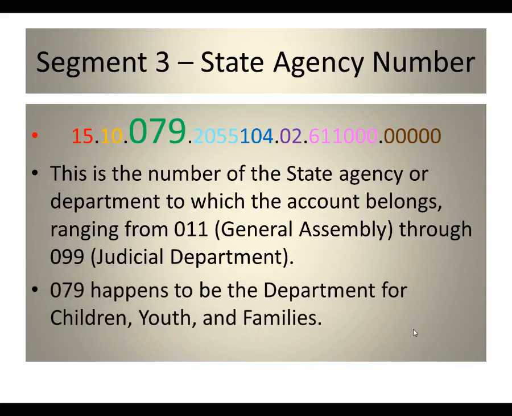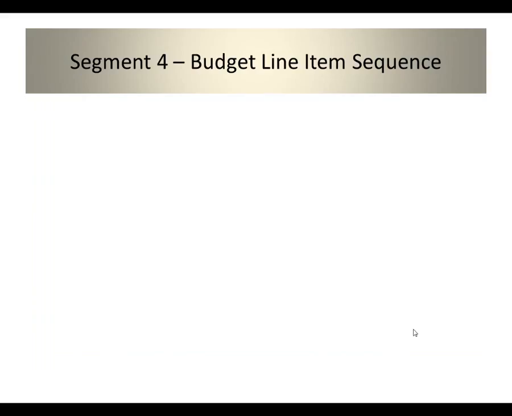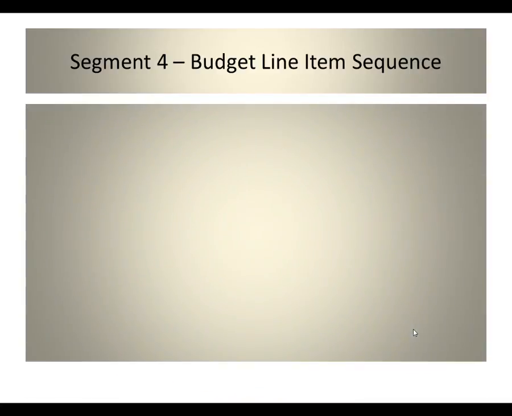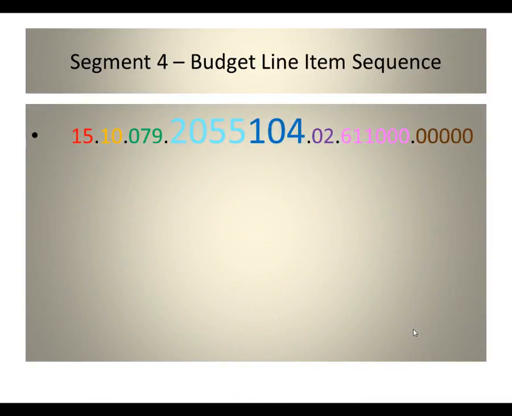The number used in our example, 079, signifies that the account number belongs to the Department for Children, Youth, and Families.